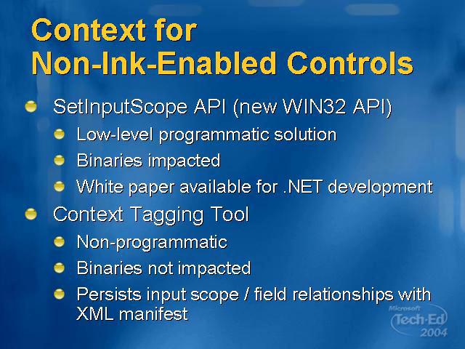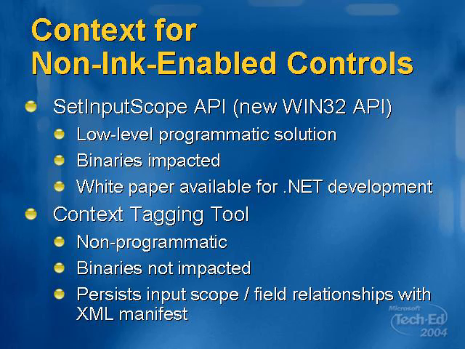Now there are also, of course, many applications that are not ink-enabled, and there are a couple of different ways that you can provide context. I should emphasize that the TIP, the input panel, uses this context information when it passes ink for recognition as well, so it's context aware.